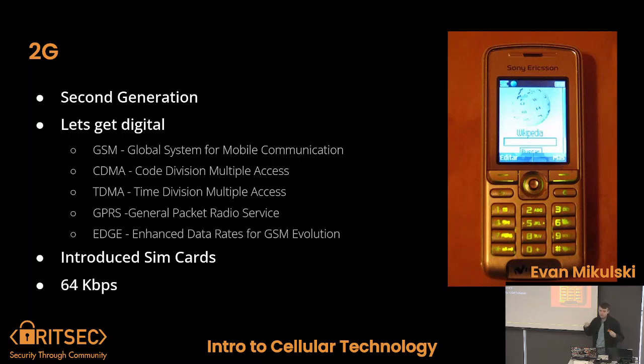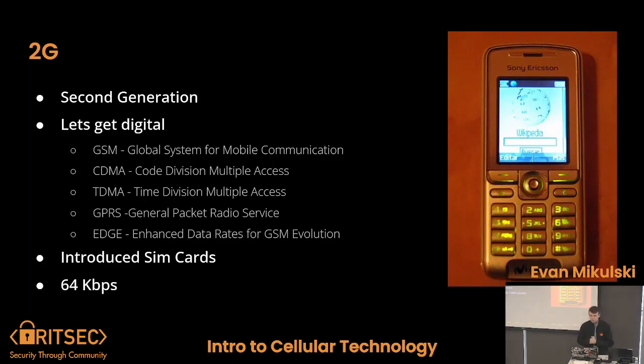So if we talk time division multiple access, TDMA, which was commonly used in, if I remember correctly, Europe and Japan for 2G, it's where you get allotted a time slot. So everyone communicates pretty much across the same band, but you're given a time slot. So when you're doing communications, you either have to wait your turn, or if it's your turn, you put all your data into your time block, and then you send it off, and then wait your turn again to send or receive more data.